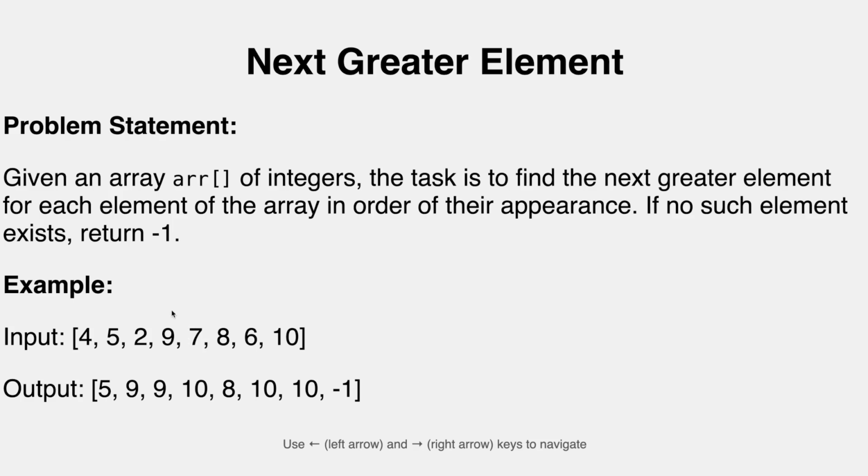So if you see in this example, if my x is over here, first I will compare x with 7. Now if x is greater than 7, then I will compare x with the next greater element of 7, which is 8. If x is also greater than 8, then I will compare x with the next greater element to 8, which is 10.